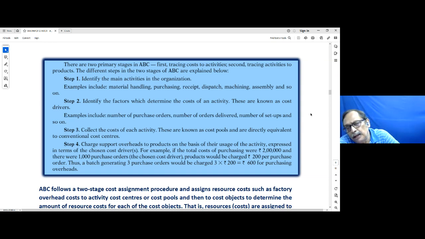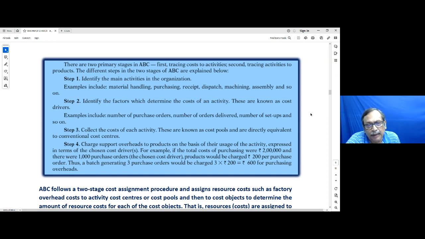Now, step 1, identify the main activities in the organization. Examples include material handling, purchasing, receipt of material, dispatch of materials, machining of the materials, assembly, and so on. So the first step is to identify the main activities in the organization.